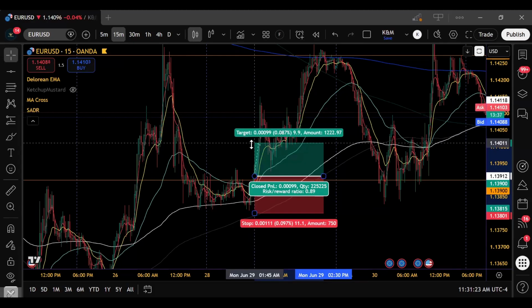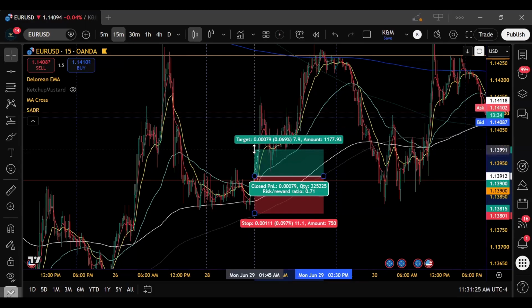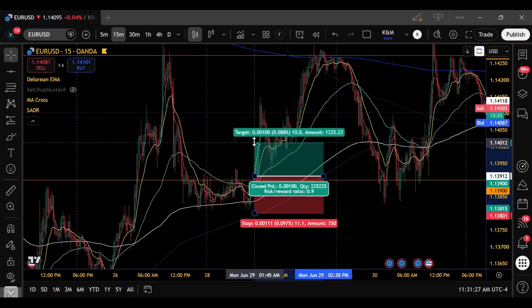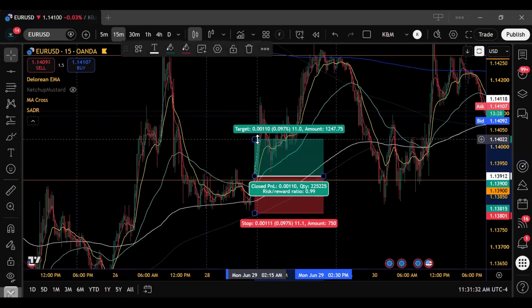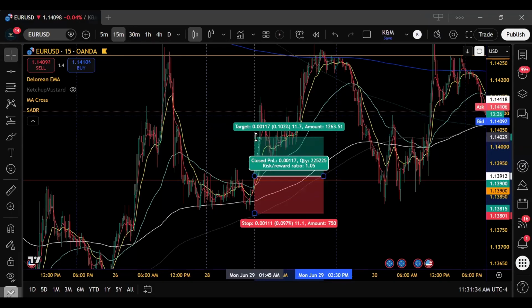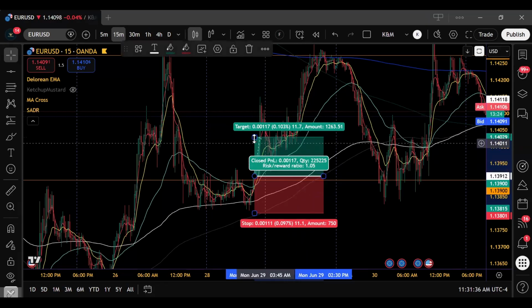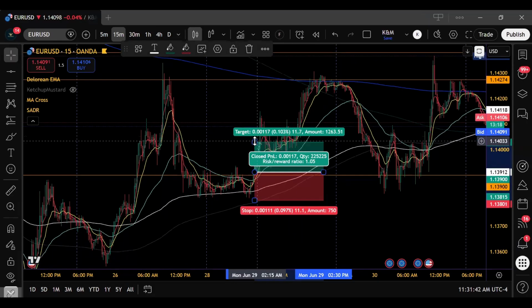Because it's off the mayo, so we know it's going to give out way more than that. But if I want to come in here and find 11 pips for my TP, that's the one. The risk to reward ratio is a 1. It would have hit right here. Let me take it to the next trade zone.